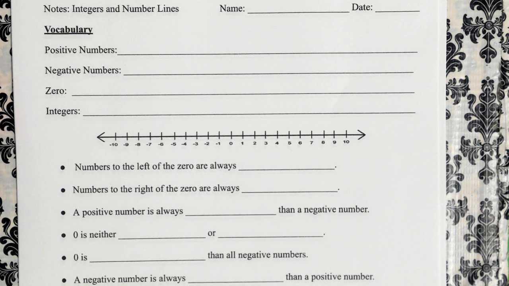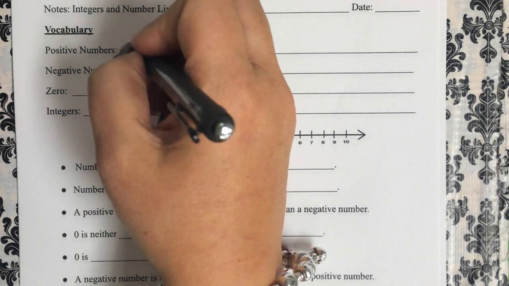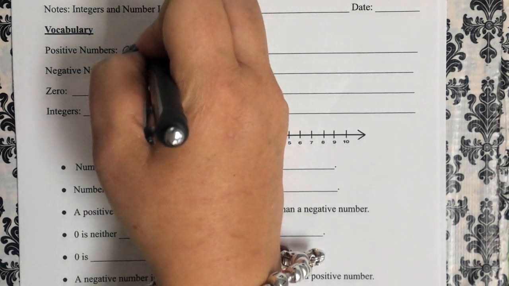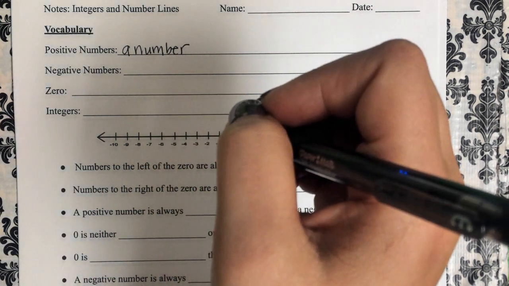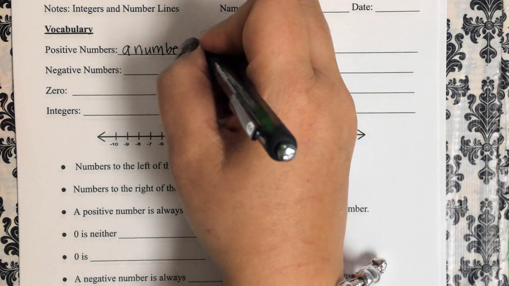Okay, so let's go through and define these together. The first one, positive numbers. We're also going to look that up as positive integers. A positive integer is a number that is greater than 0.